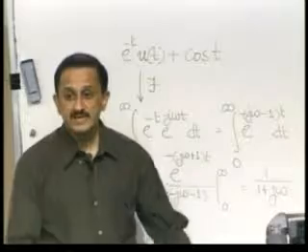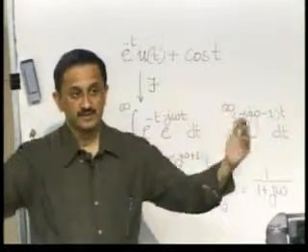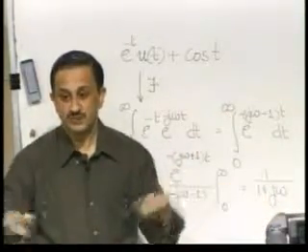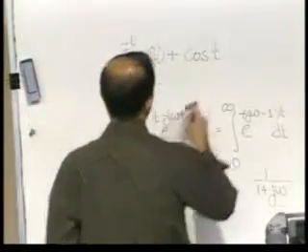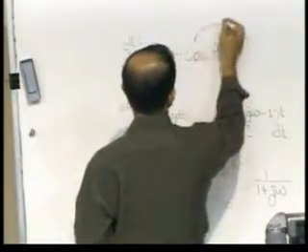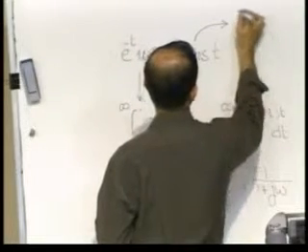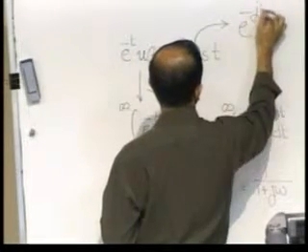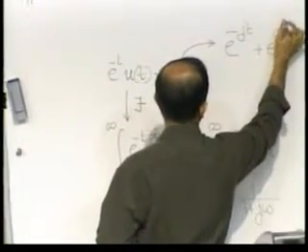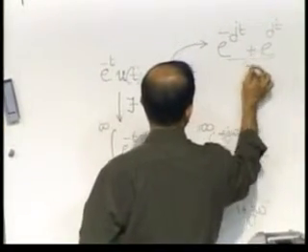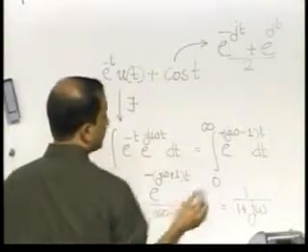Now this is a continuous Fourier transform. I mean, it's a well-defined function of omega, no problem. What about cos t? You see, cos t can be written as e raised to the power minus jt plus e raised to the power jt, divided by 2. So what kind of a Fourier transform does this have?